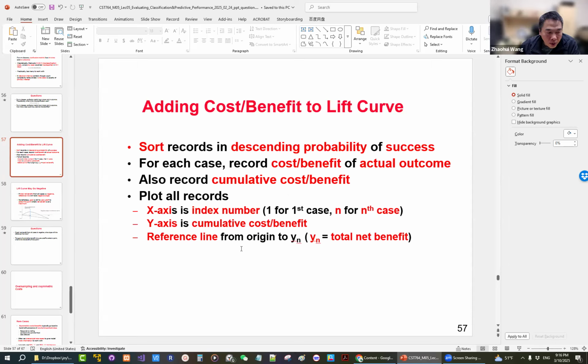Then we make a plot for the lift chart. The X-axis is the index number, the Y-axis is the cumulative cost and benefit. The reference line is in the diagonal direction, just a dashed line from the origin to the endpoint, the total net benefit.